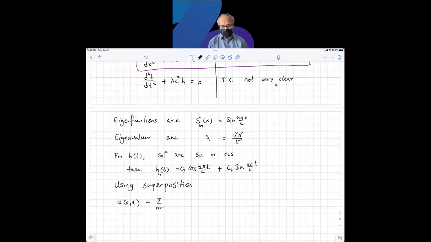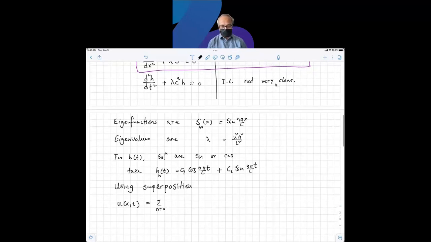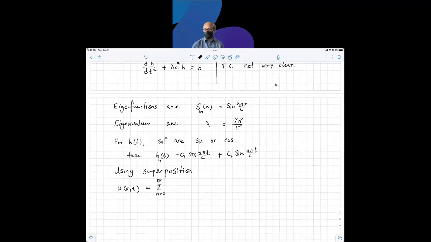So maybe I can take n going from 0 to infinity. It is less relevant. You can take n from 1 to infinity in this case. Maybe if you look back at the book, you'll see n from 1 to infinity, and then later on discussed how it is n from 0. So for the heat equation, I explained that for sine and cosine. When it is cosine, we start from n equals 0, because cos 0 is 1. For sine, we start with n equals 1 because for n equals 0, sine 0 is 0, so it is just nothing.